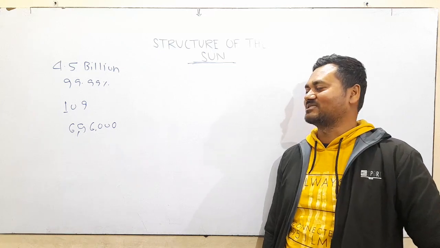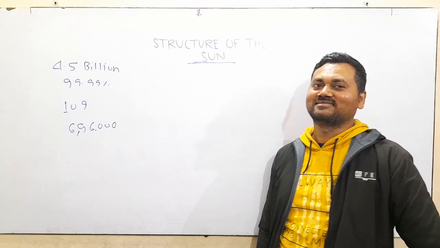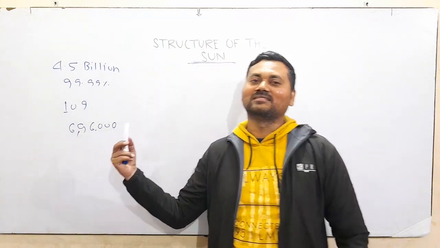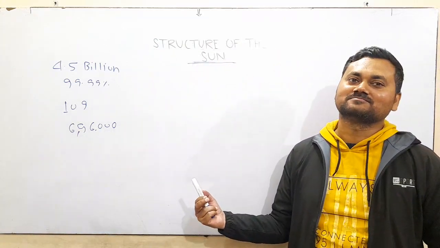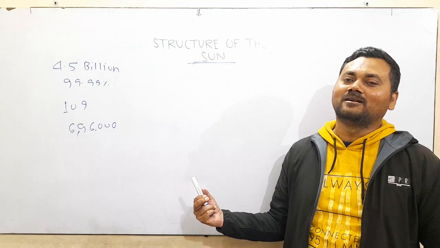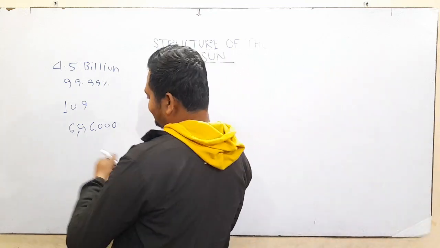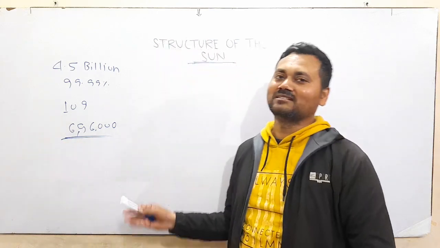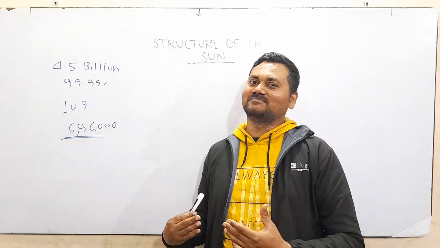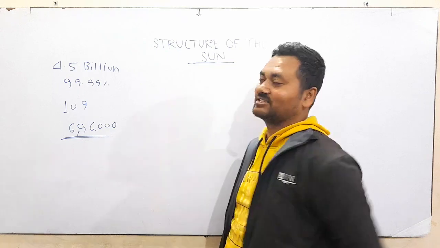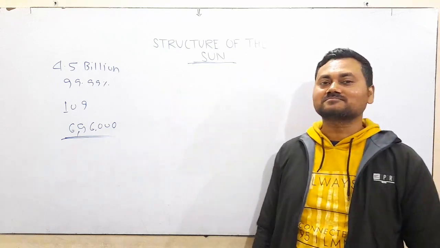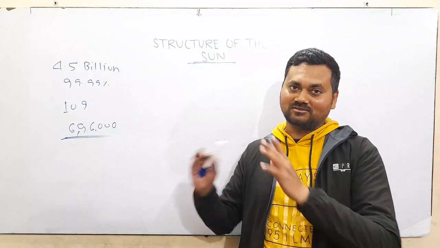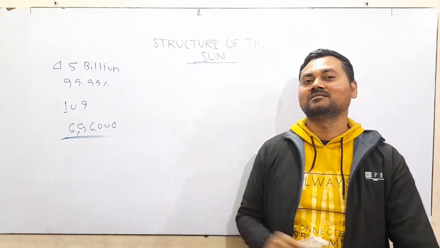I don't think so, it is the radius of the Sun. So you can understand, if this is the radius of the Sun, then it is 109 times the radius of the Earth, not the diameter of the Earth.